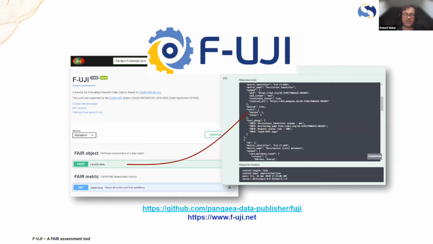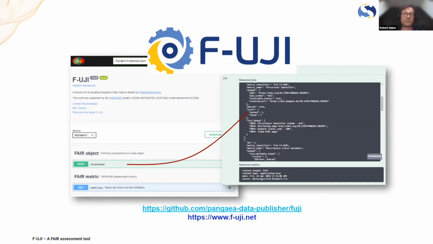FUJI actually is a REST service. It's based on the OpenAPI specification and implemented in Python, based on, for example, the Swagger library and some others. This example shows what the output of FUJI looks like. The response of FUJI is always a JSON string or file, which includes several pieces of information relevant for understanding the test result.